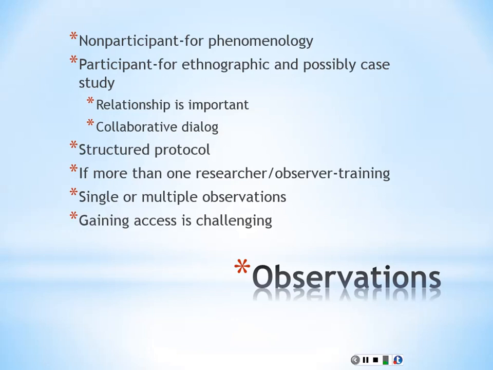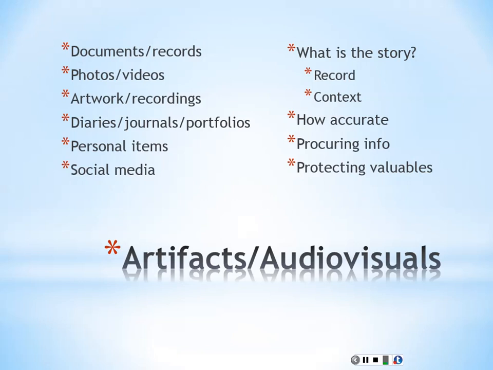And if there is more than one observer, you will want to make sure you're all consistent in that. And then you decide if you have single or multiple observations. Sometimes the biggest challenge of doing observations is gaining access to the participants. Sometimes that can be challenging, and you have to work on that relationship piece.